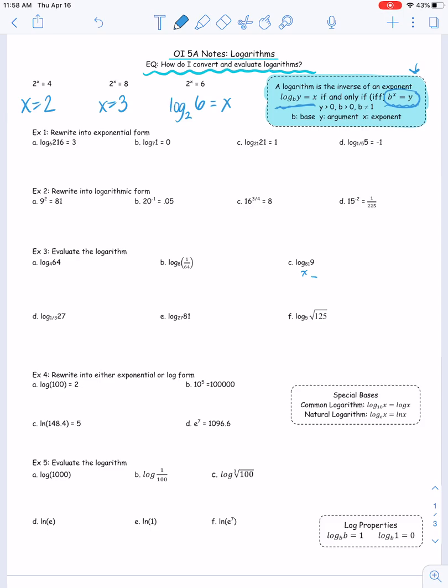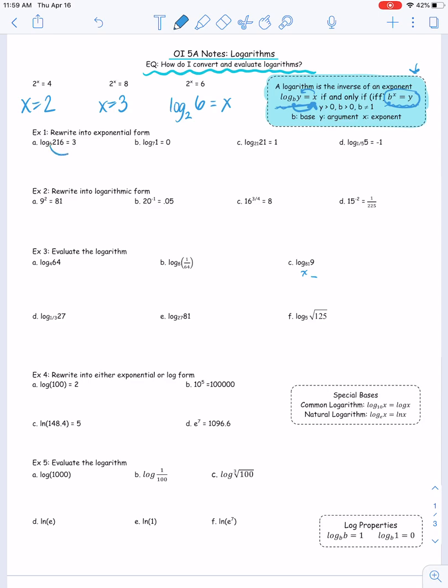Like I said, we want to first focus on rewriting our forms, exponential into logarithmic and logarithmic into exponential. If I give you a log form, notice b, the base, is always going to be raised to that x power. So the base raised to the x power is going to equal our argument. We're making a circle, using a circular motion in a counterclockwise fashion.